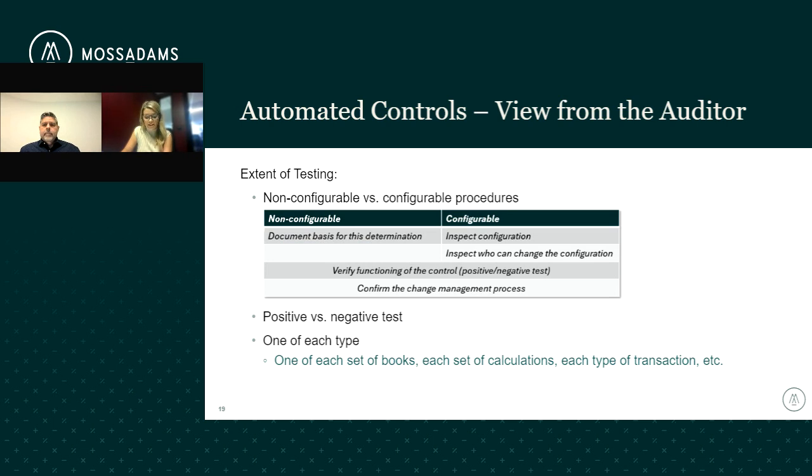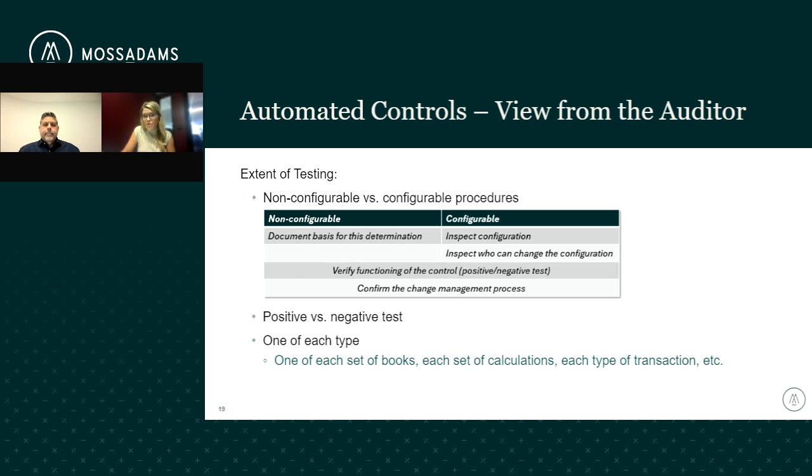The extent of our testing is based upon the type of automated control. For inherent controls, we will want to prove that the company cannot, in fact, change this control in any manner. And the most common way that we do this is inspecting user manuals or going out to knowledge webs to confirm the functionality within the application is in fact inherent and that management cannot change this. For all controls, we will perform a positive test, so a test to prove that the control is working as intended using valid data.